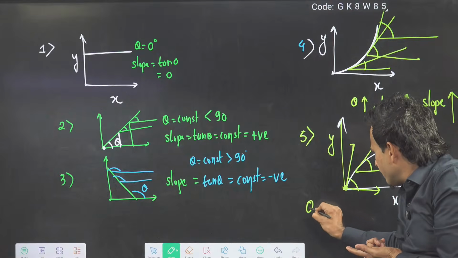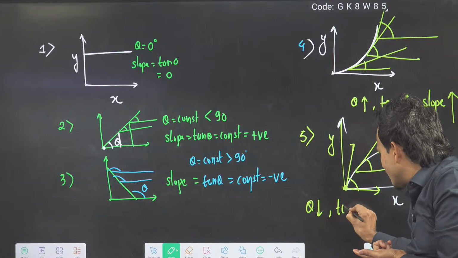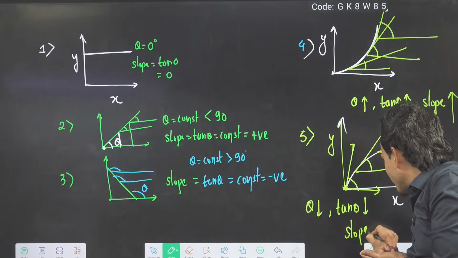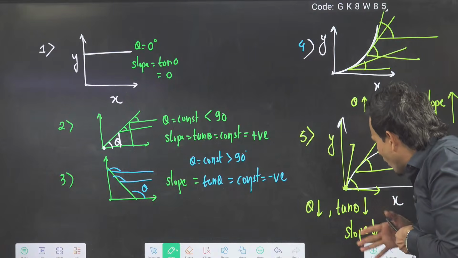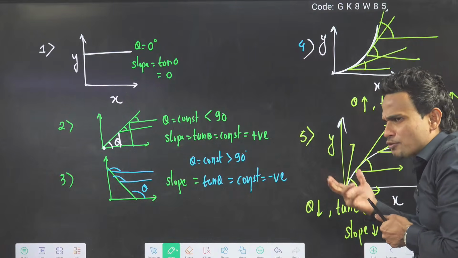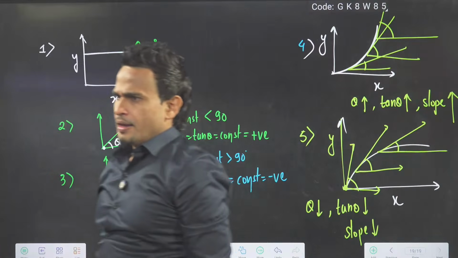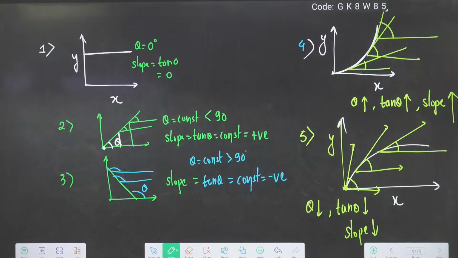Theta is decreasing, which means tan theta is decreasing, which means the slope is decreasing. Tomorrow, if the slope represents velocity, velocity will decrease. If the slope represents acceleration, acceleration will decrease. Is it okay?